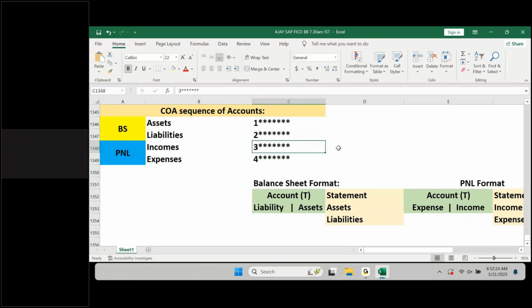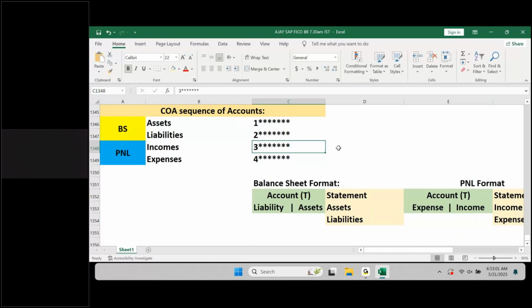For every asset, liability, income and expense, are we supposed to assign an account number or not? We need to assign one account number. In any company code in a practical project, minimum how many GL accounts are available? Minimum 1000 GL accounts. Can I keep writing 1000 GL numbers here? No, right? All are based on a simple logic.